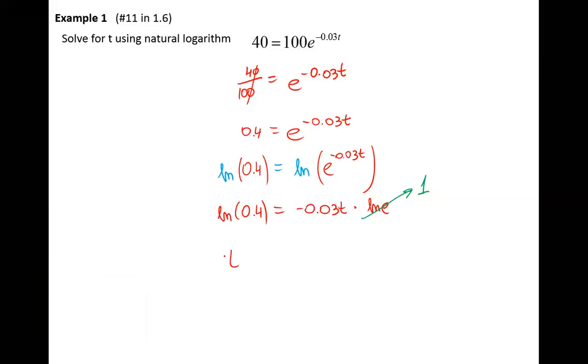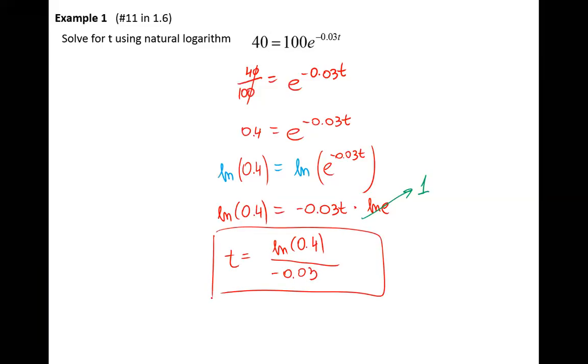That means my t-value is the natural log of 0.4 divided by this quantity, and we can leave it like that. I'm assuming that most of the tests, we may use a calculator from time to time, especially if we have some applications, it would be nice to know what the t-value is.